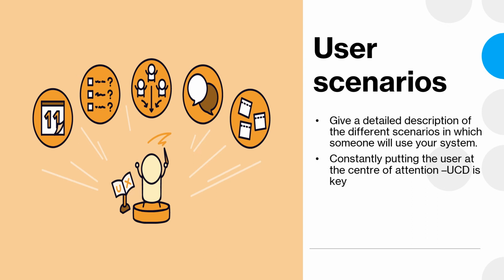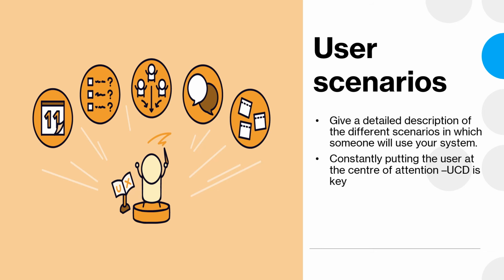So now we'll move on to user scenarios. User scenarios are also for personas because they basically just look at the different contexts or scenarios in which our user will need to use the system that we're trying to design. So already from the persona that we've defined, we can see the goals and frustrations that Kendall has.